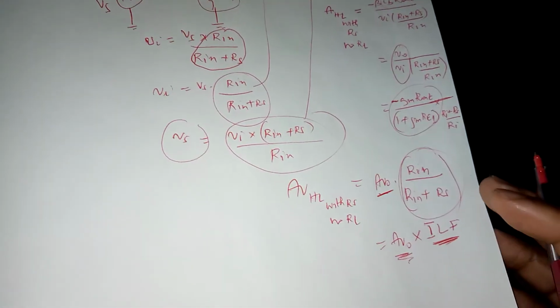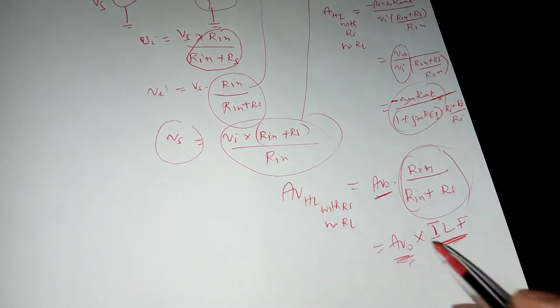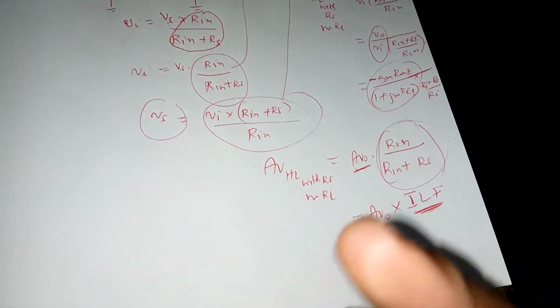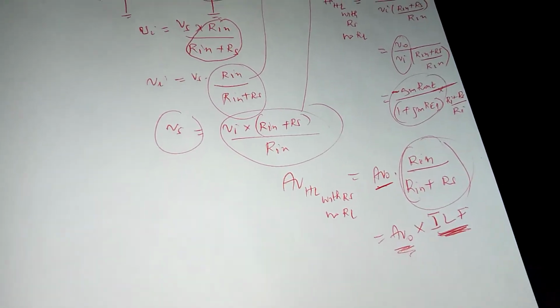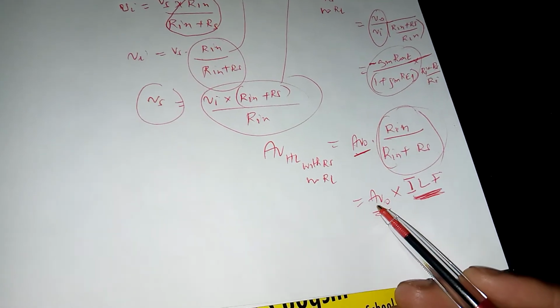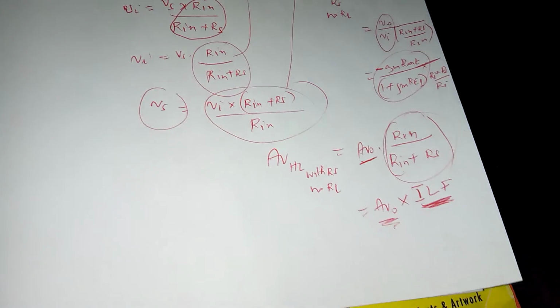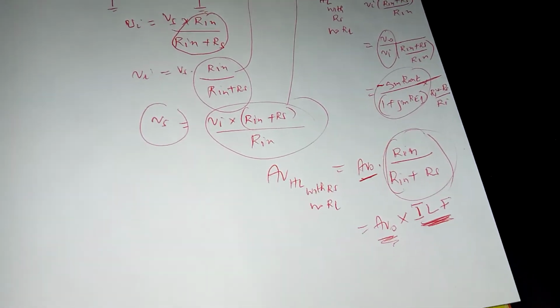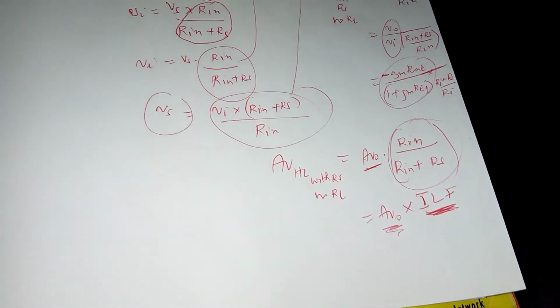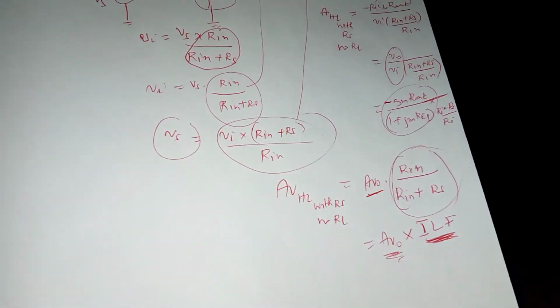So that being said, that will be the half-loaded gain. But what effect does this input loading factor have on AVO in reality? Does it reduce AVO? Does it increase it? The answer is sort of given because AVO is the highest of all, so we can already assume that it actually reduces it. But let's prove it.